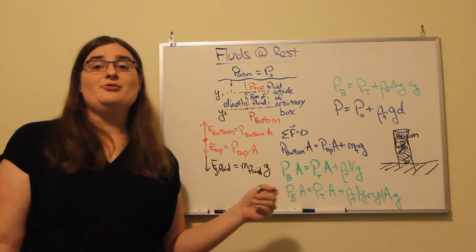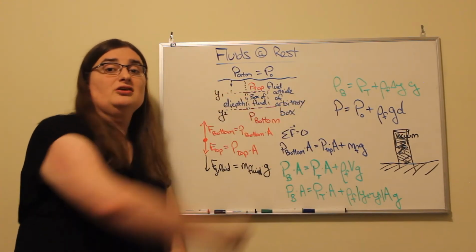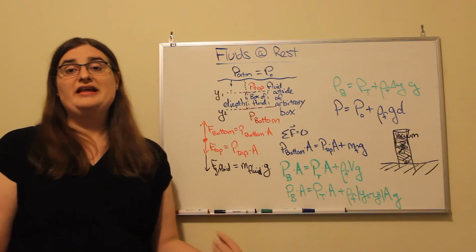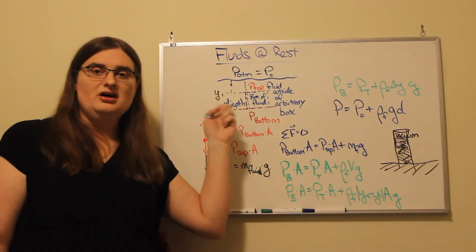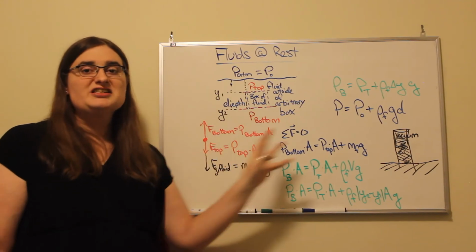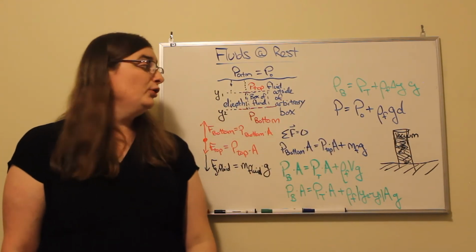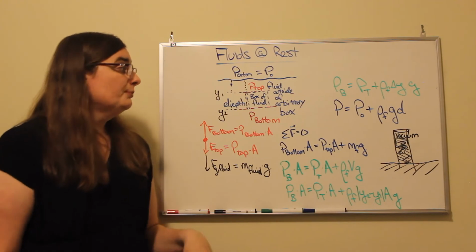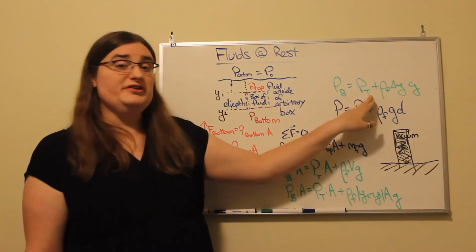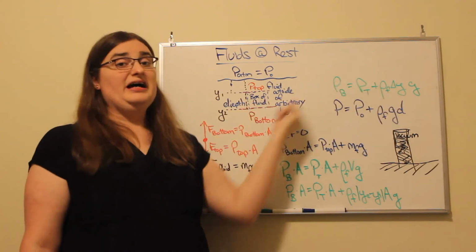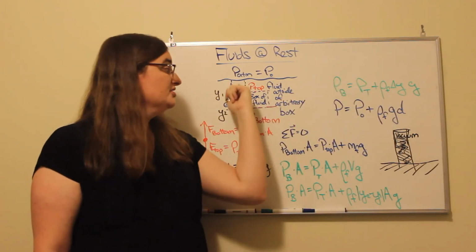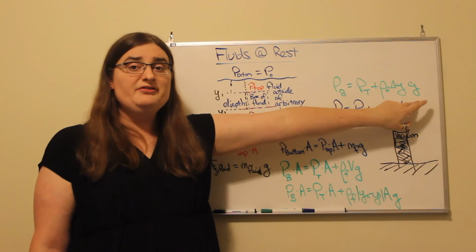That means if it's at rest, you can draw a horizontal line and the pressure along that line would have to be exactly the same as long as there is fluid physically connecting all of those points. So the pressure on the bottom is the pressure on the top plus the density of our fluid times the height of that box of fluid, our change in our y-coordinate, times gravity.